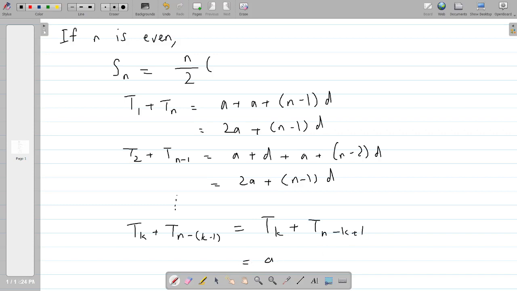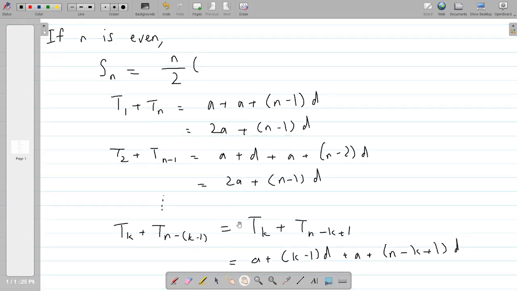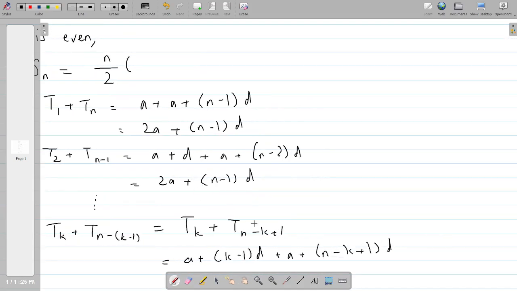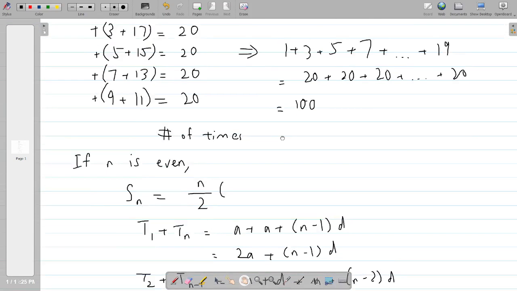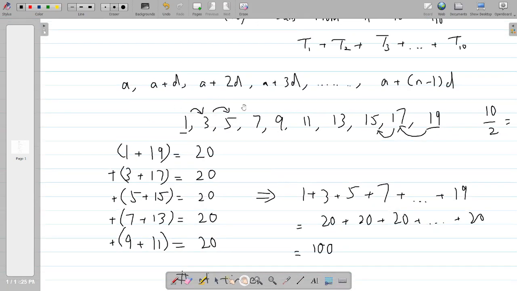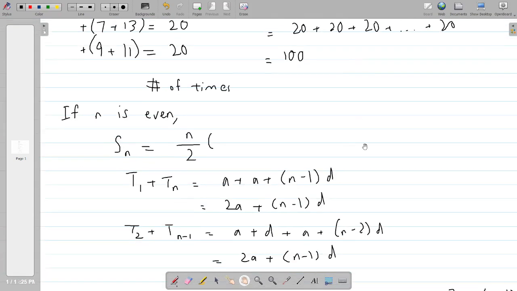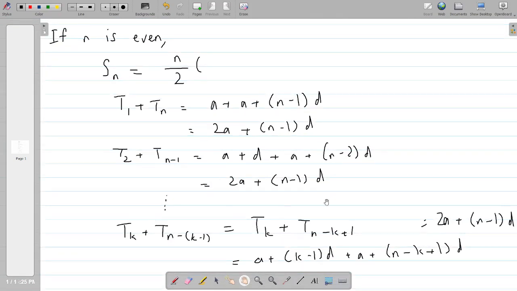This is going to be equal to a plus k minus 1 d plus a plus n minus k plus 1 d. And you can simplify the algebra here yourself to find that this equals 2a plus n minus 1 d. So in fact, if we just keep moving back and front, we will keep getting the same sum over and over again.